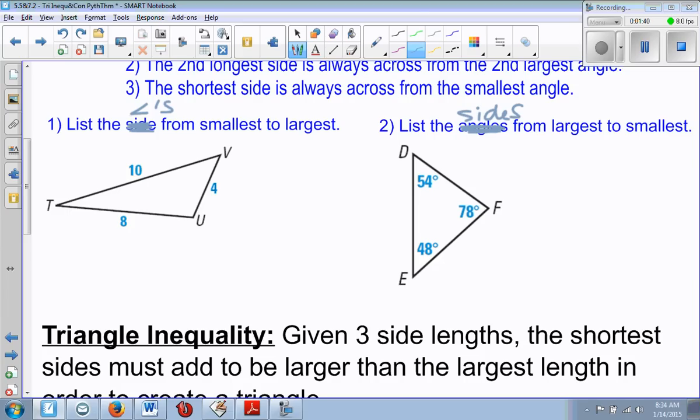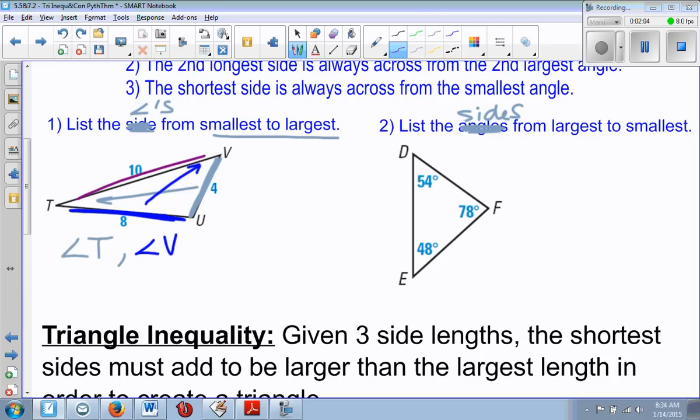If I want to go smallest to largest, I'm looking first at the smallest side, which is UV. The angle directly across from that would be the smallest angle, angle T. The next smallest side is the 8, and the angle directly across from that is angle V, so it would be the next smallest.